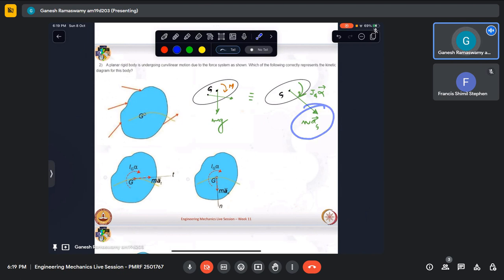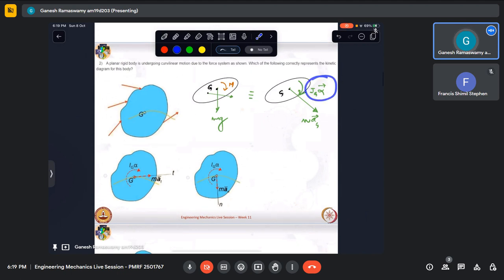We can resolve these into x and y components depending on our convenience. That is the case for rectilinear translation. If it is undergoing curvilinear translation, the rotation still doesn't exist. Only thing is, instead of x and y, it will have intrinsic coordinates of that curve.